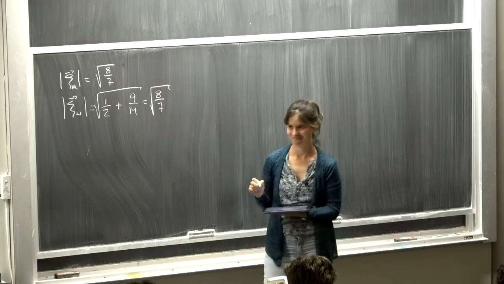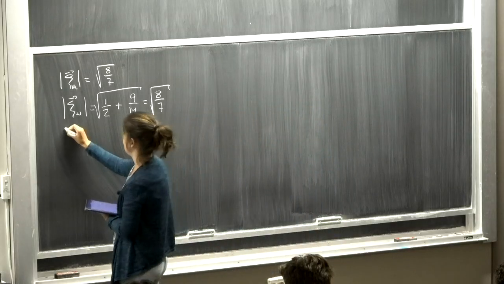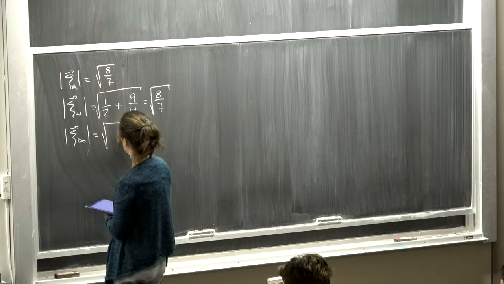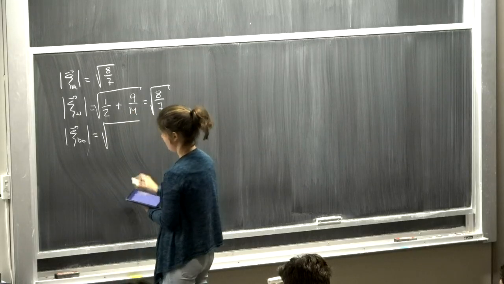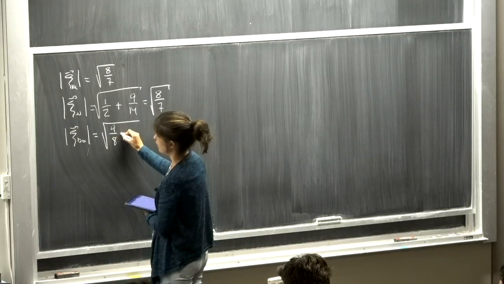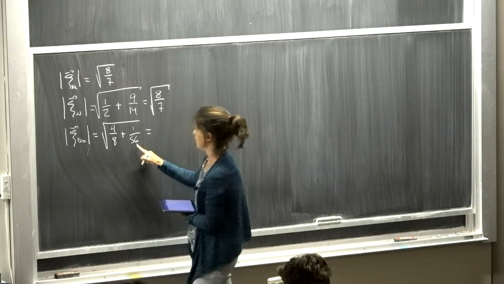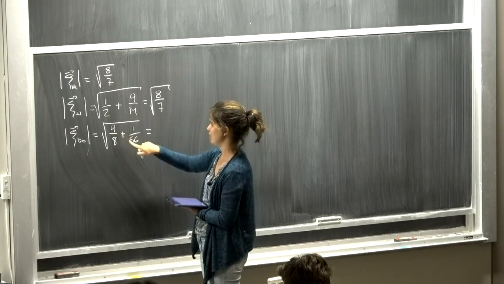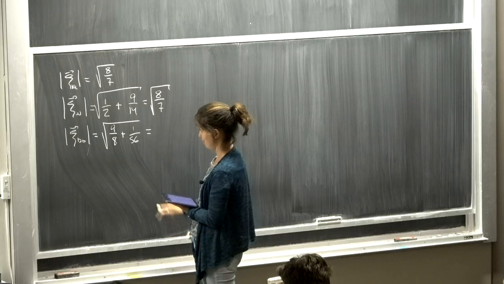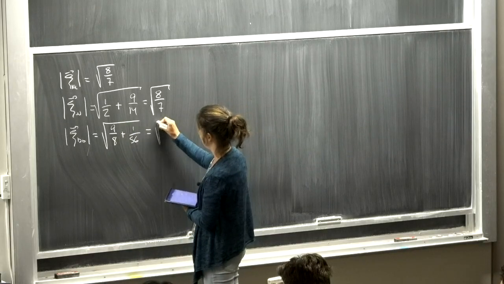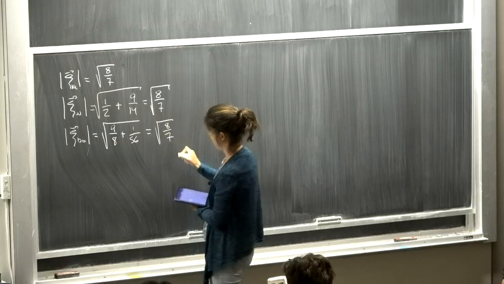Okay? Let's compute now the D0. So here you have 9/8 plus 1/56. So again, this is 8 times 7, so 9 times 7 plus 1, 8/7.